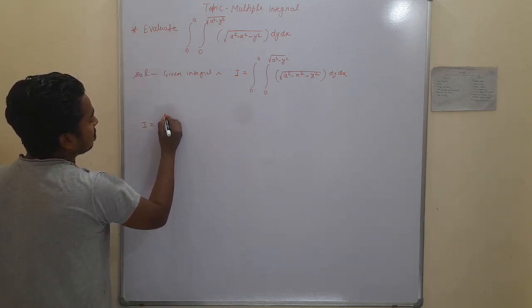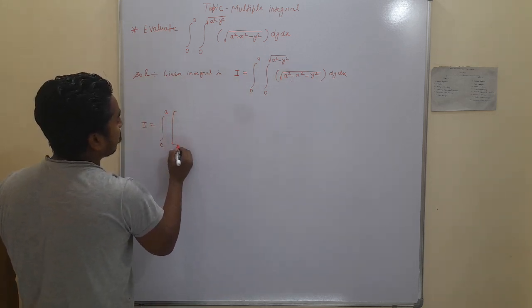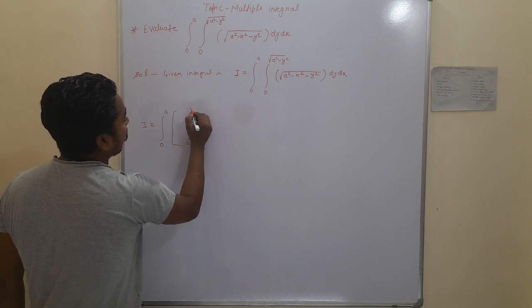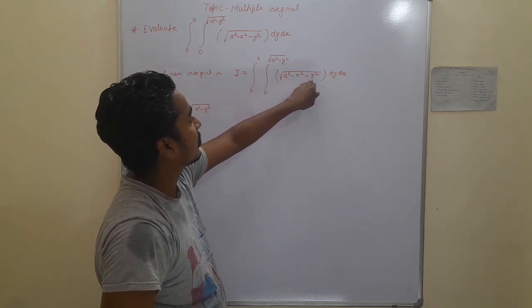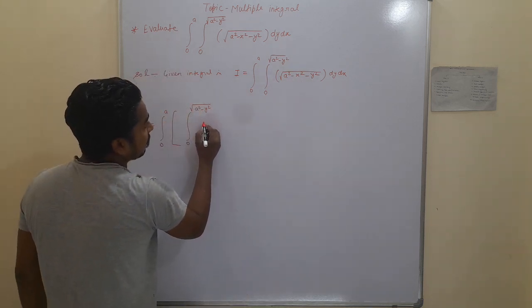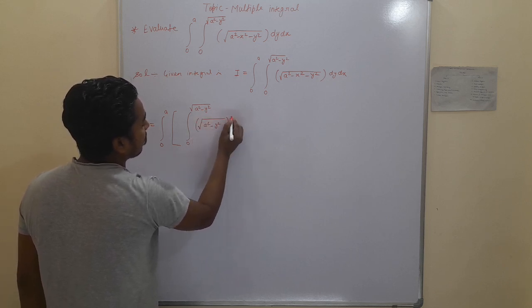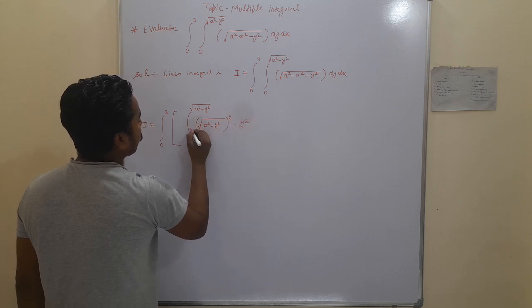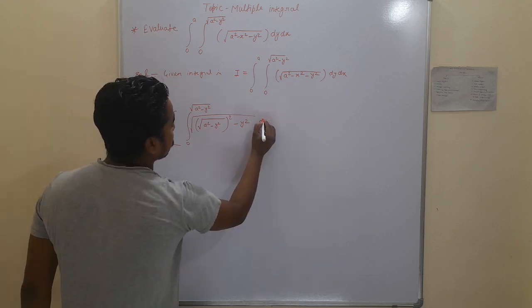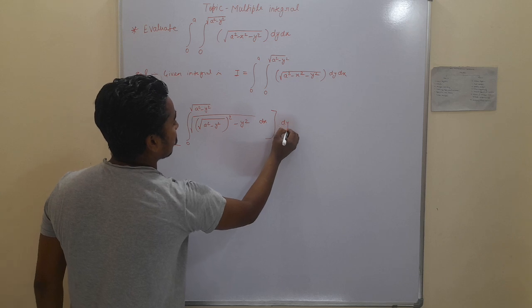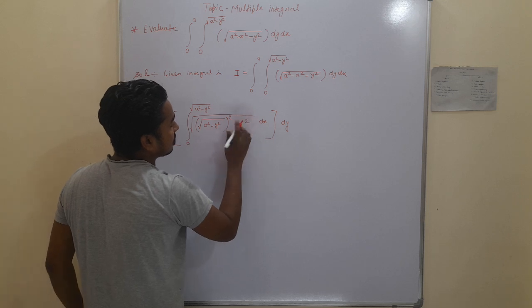The integral limit is 0 to a, and we can also write the given integral as the integral from 0 to under root of a square minus y square, of under root of a square minus x square minus y square, which is written as under root of (under root of a square minus y square) whole square minus x square, with respect to x, dx, and the whole dy.